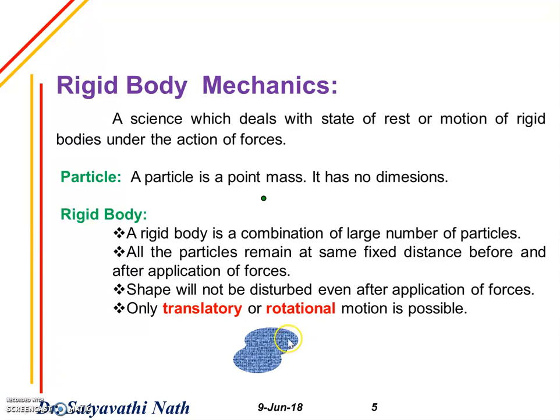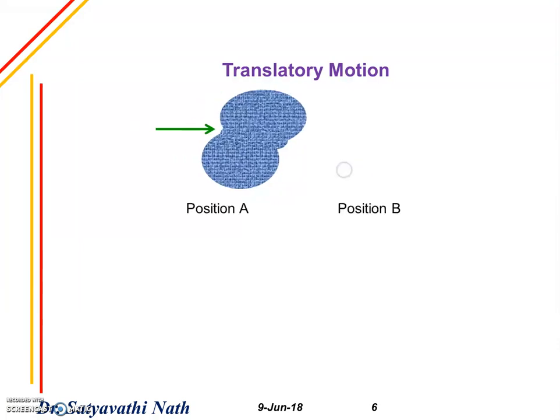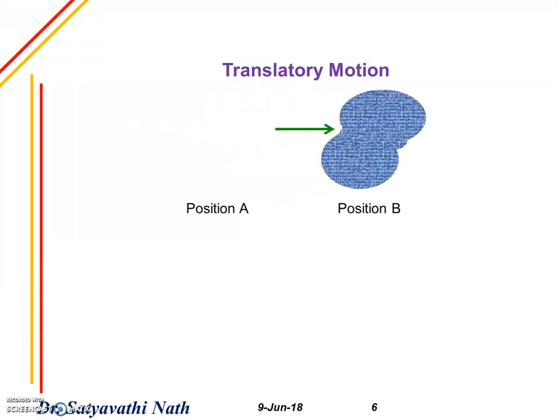For our understanding, from now onwards in the further slides, I am going to use this body as a rigid body. Here let us see what is translatory motion and what is rotational motion. When this force acts on this body, as it is a rigid body, there will not be any change in shape or size, but the object simply will get translated from one position to another position.